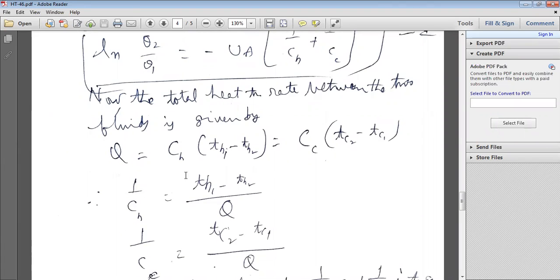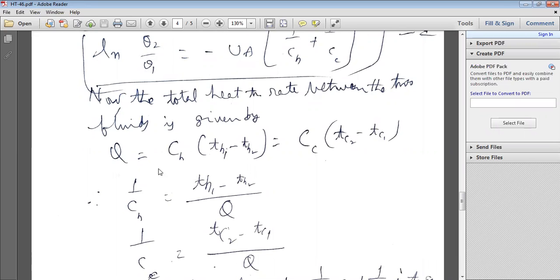So from this relation, Q is equal to CH into TH1 minus TH2.